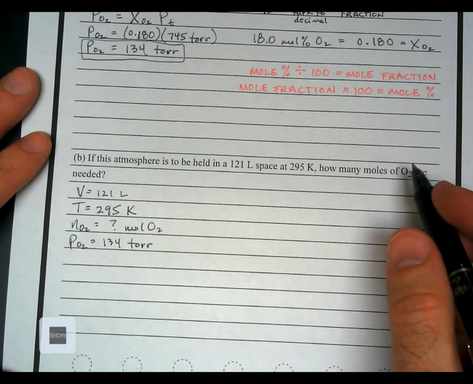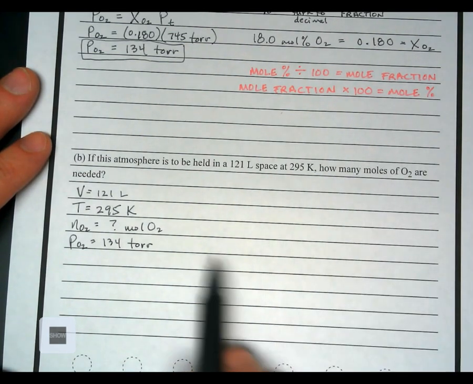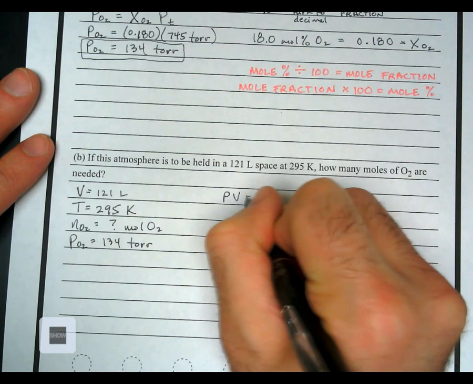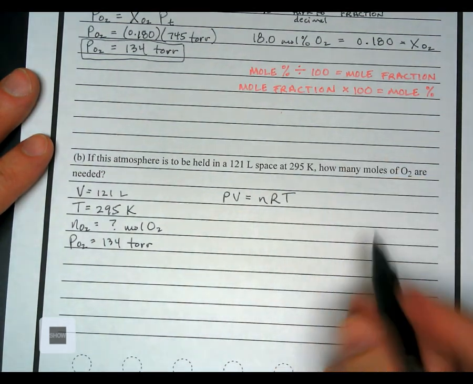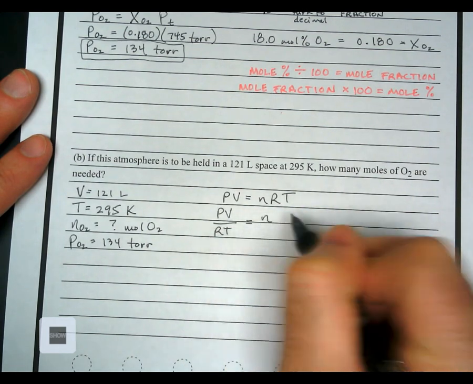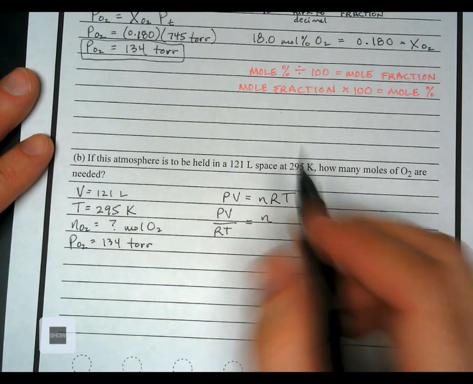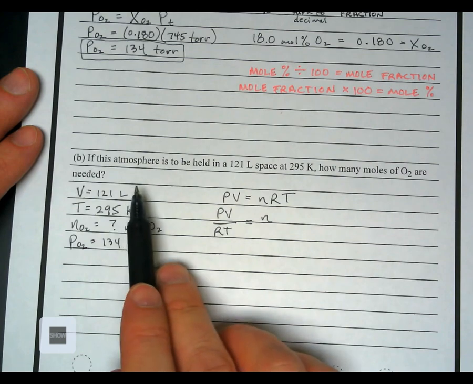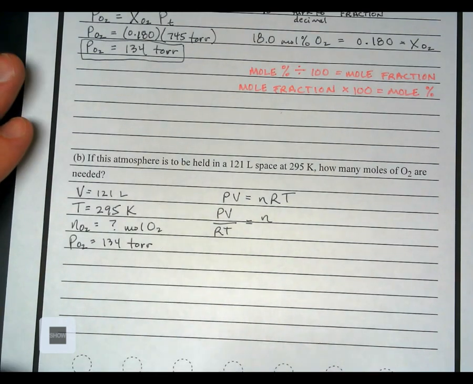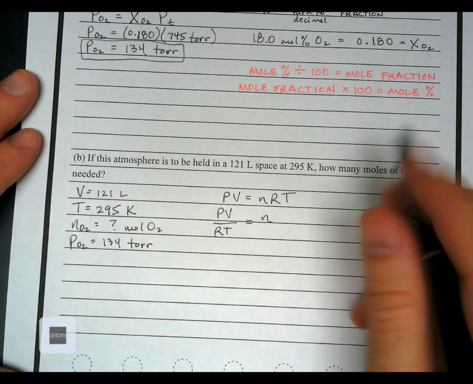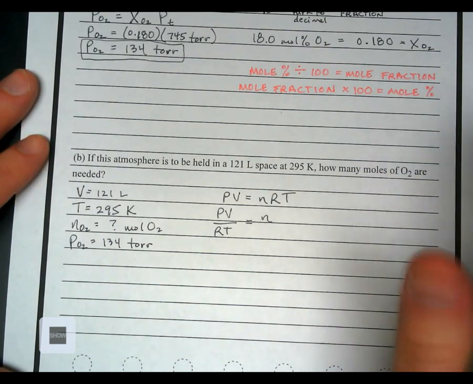So all we need is n. We're just going to use PV = nRT, solving for n, so it's PV over RT. Now we've got torr and liters for volume. Does anybody have the R factor in front of them? Is it 62.36, in liters and torr on the top?